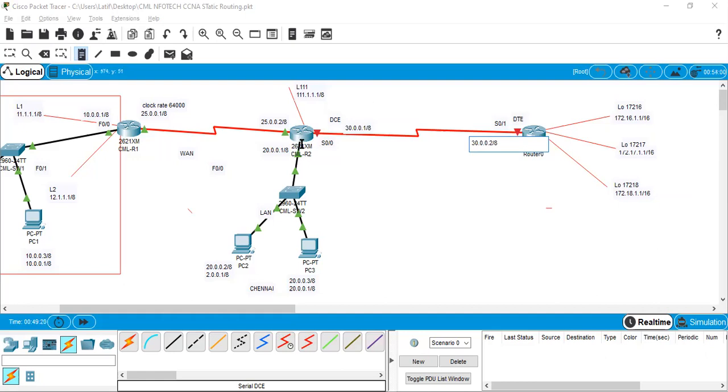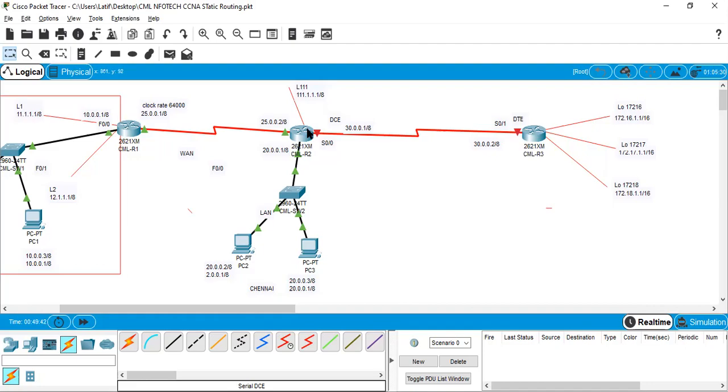So in R2, we have configured, we need to configure 30. Then in R3, we need to configure 4 interfaces. So this router name we'll put as CML R3. So let us configure 30 in R2.